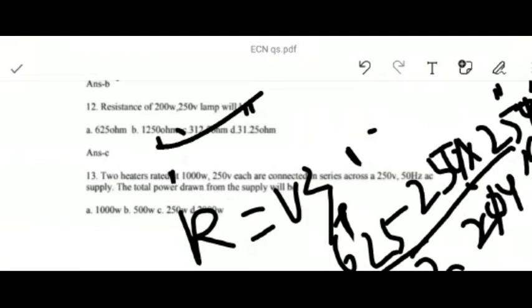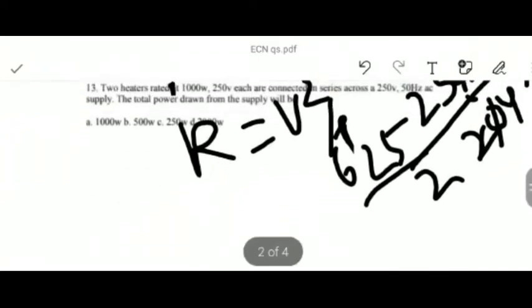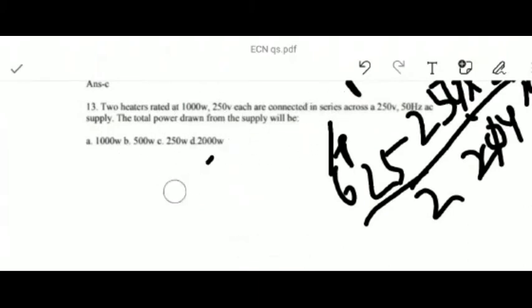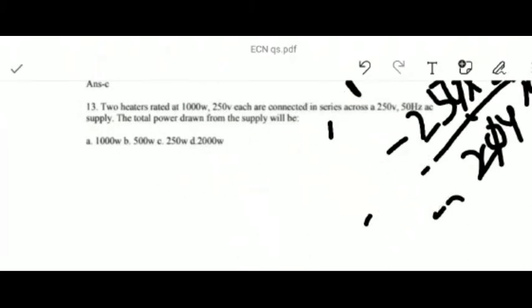So here you will understand that given is P equals 200 watt and V equals 250 volt, R equals V square by P. When you substitute in this formula, you will get the answer 312.5 ohm.